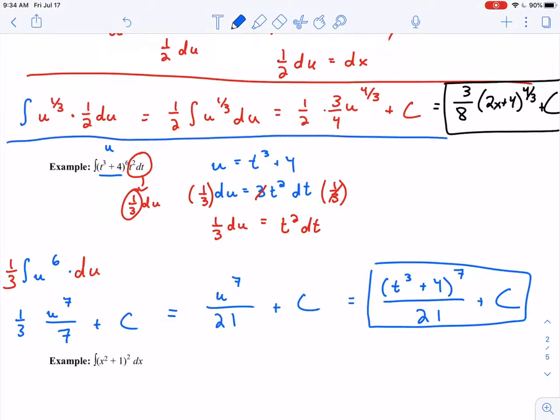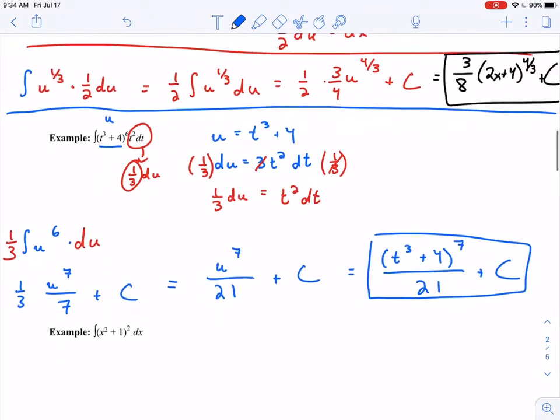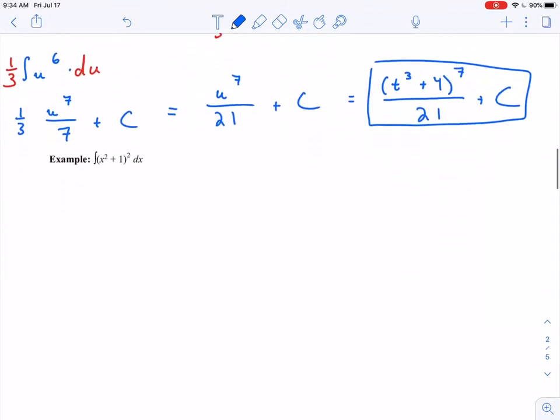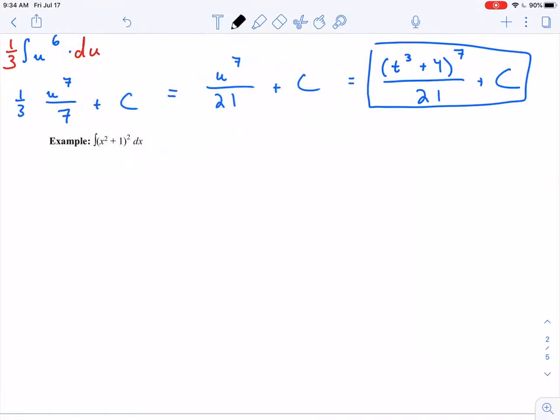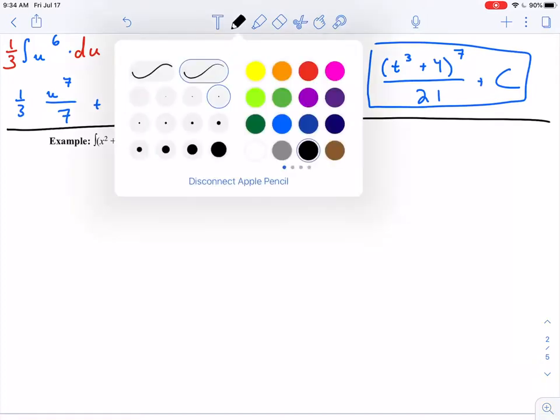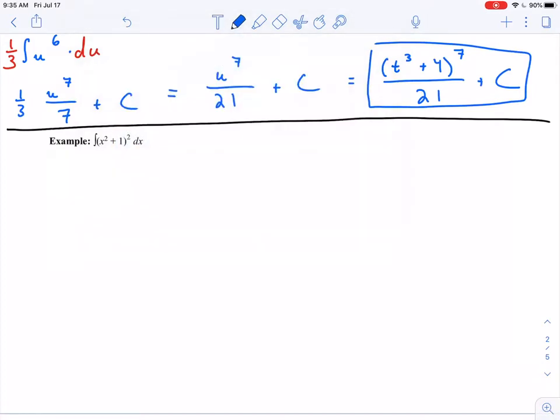All right, so let's look at one. Actually, I think I have two more examples here. Here I have the indefinite integral of x squared plus 1 quantity squared dx. So you might look at this and say, all right, I see your tricks, Mr. Huber.